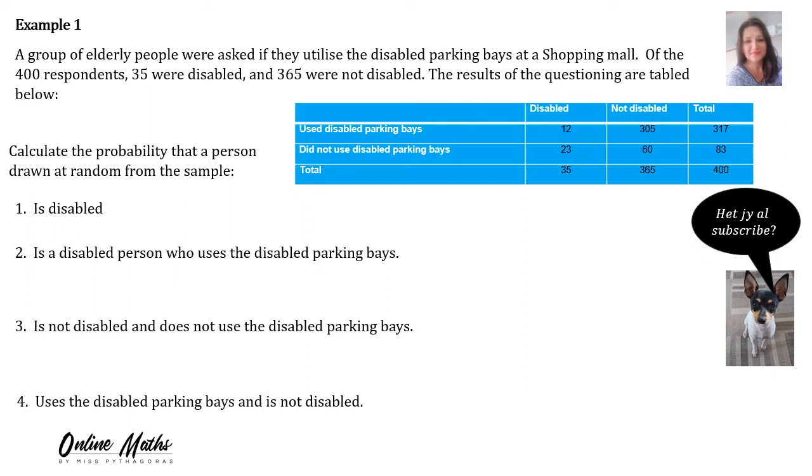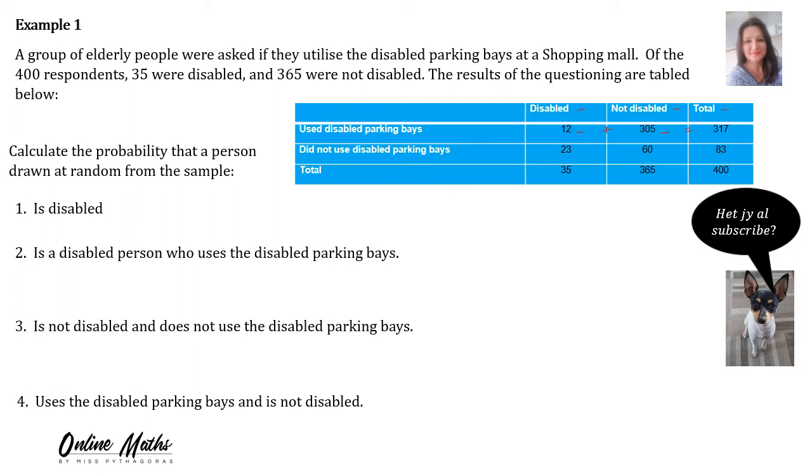In the first row you find disabled, not disabled and total. Then, using disabled parking bays, this is 12. Not disabled using disabled parking bays is 305, and when you add these two you get 317.